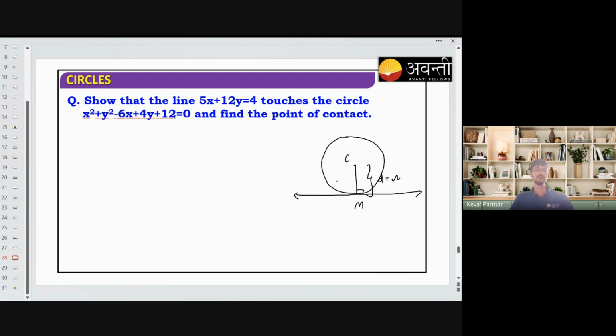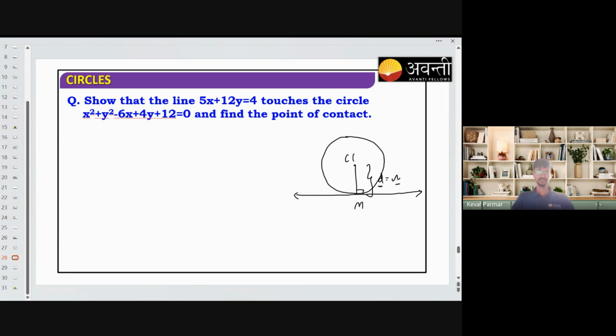So what do we have to do? We have to find d and we have to find radius. After finding d and radius, we'll have to prove that both of the values are same. If both of the values are same, then the line is a tangent.